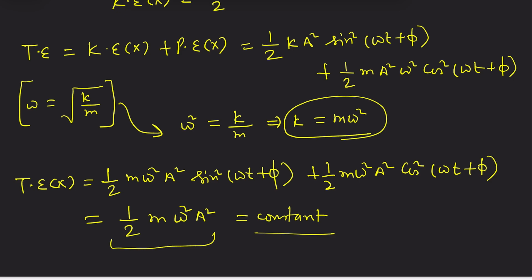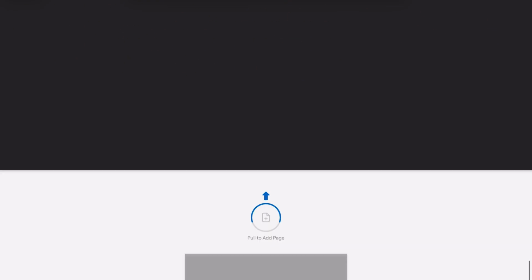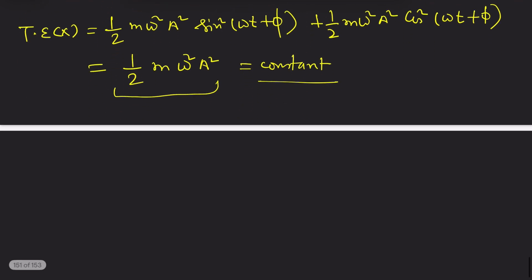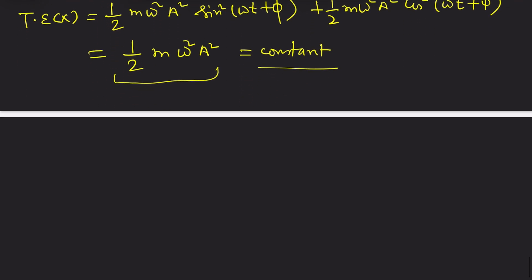Now if we go further, let me write the potential energy and kinetic energy in these terms. The potential energy, we know, is half k x square. We had discussed this.